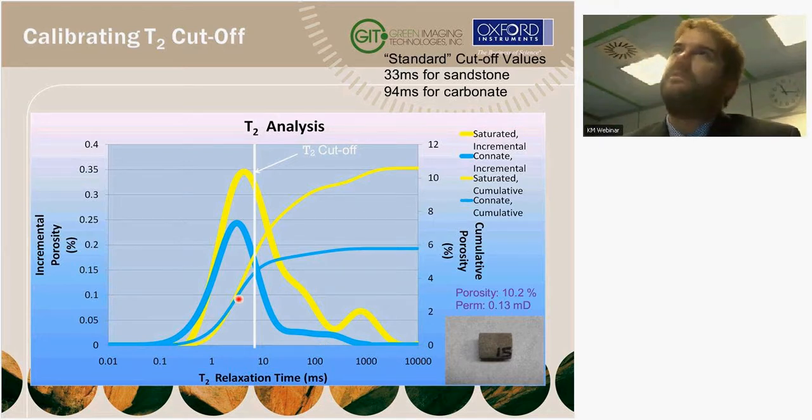The cumulative, I should have said earlier, is just the summation of this dark line at that point. So this represents all of the area underneath the blue curve. So we have free fluid. The difference is we have bound fluid.